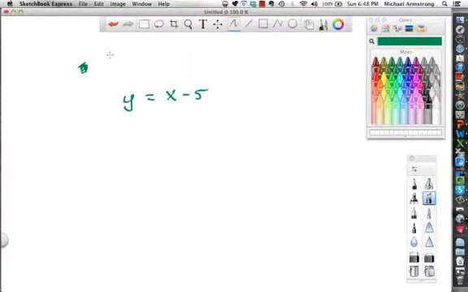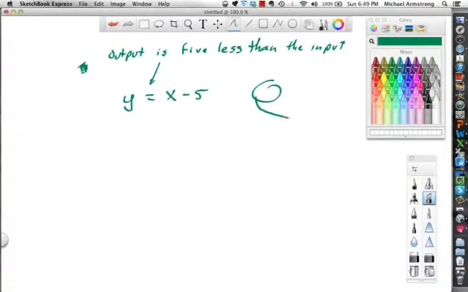So the output is, and "is" usually means equals, 5 less than the input. So on a function machine like this one, you would be subtracting 5 every time.